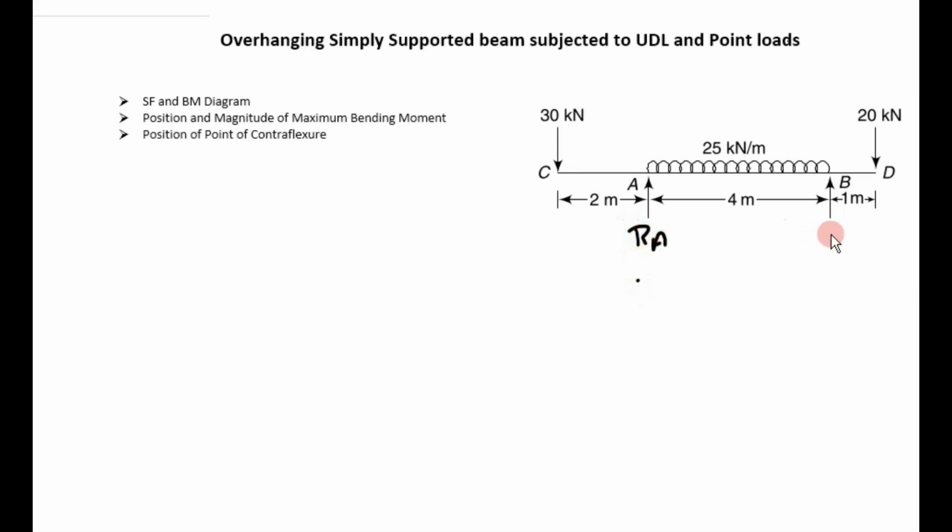This is RA, RB. To calculate RA and RB, apply the equilibrium conditions and assume that upward forces are positive and downward forces are negative, clockwise moments are positive and anti-clockwise moments are negative. So first equilibrium condition is the sum of all vertical forces is 0.